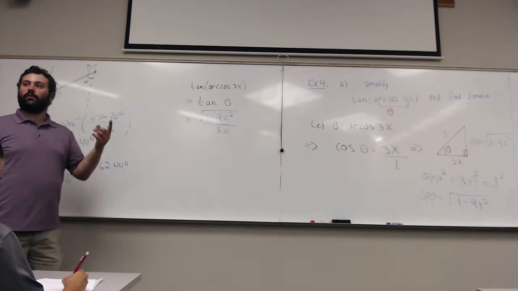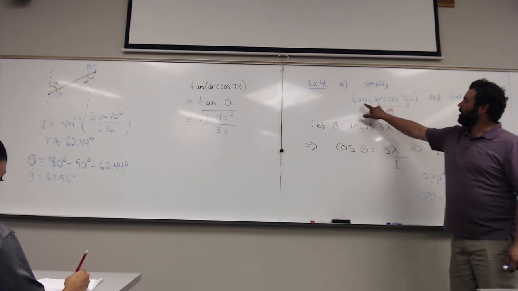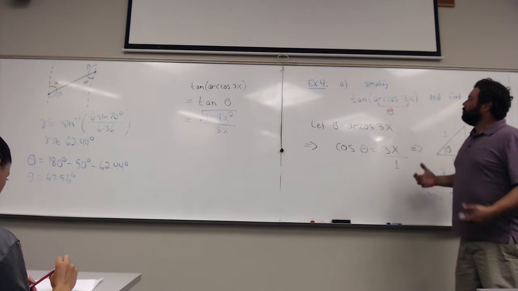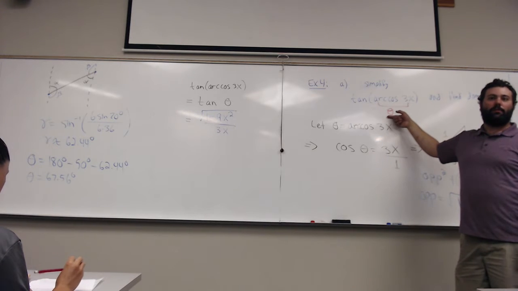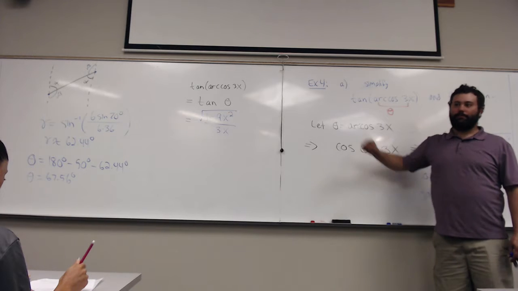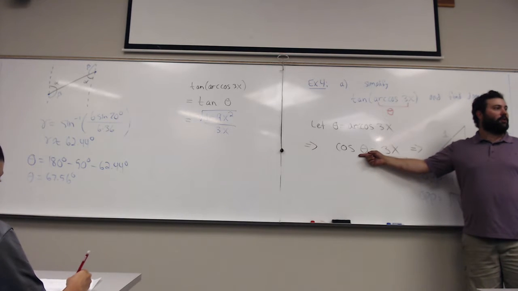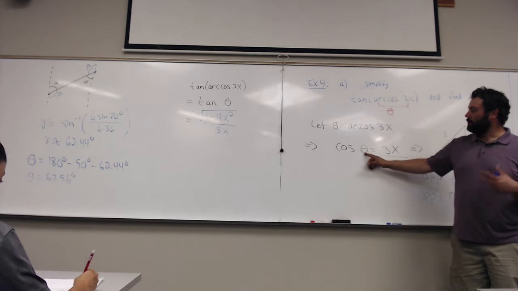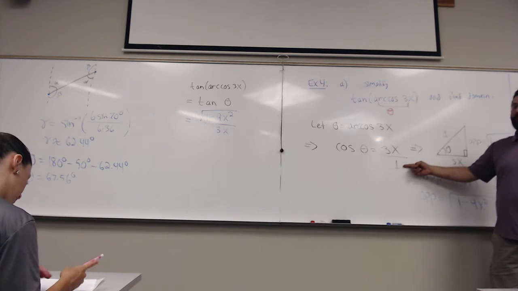So let me review one more time, just real quick. Okay, so I want to simplify this composition, tangent of arc cosine of 3x. Since what do we really plug into trig functions? We really plug angles into them. So you can let this whole inside part be some angle theta. Convert back to terms of the original function, cosine. And then since cosine of an angle, we can treat that angle as being in a right triangle, and cosine is adjacent over hypotenuse.